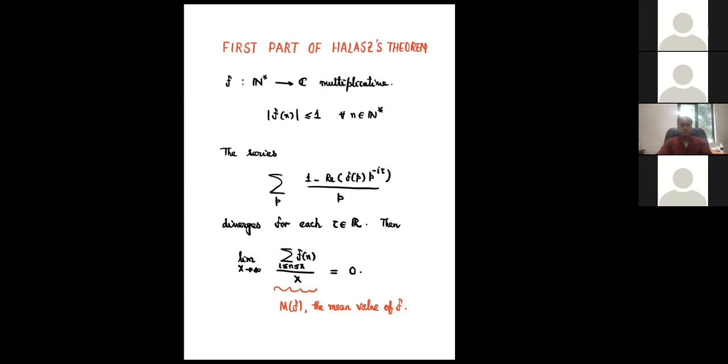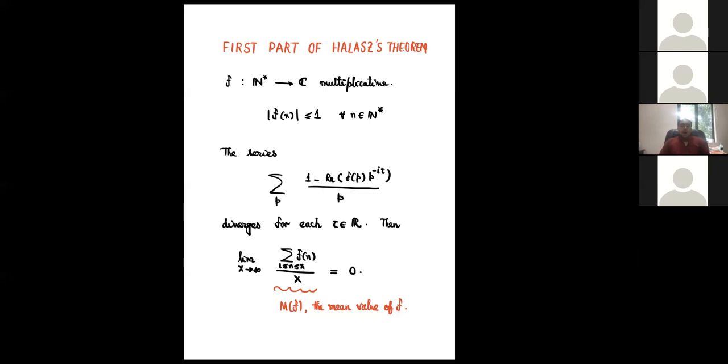So there's enough cancellation to ensure that the sum of f(n) becomes little o of x as x goes to infinity. This is a striking theorem, and this is only a part of Halász's theorem. The other parts, as you know, cover the case when there is a tau for which the series converges, and then what exactly is the behavior of partial sums.